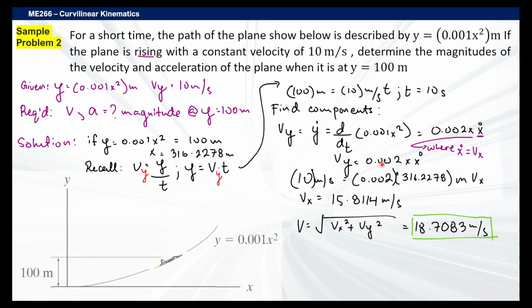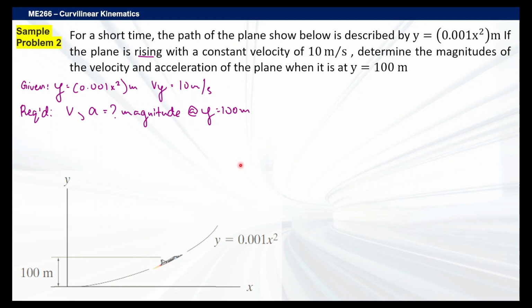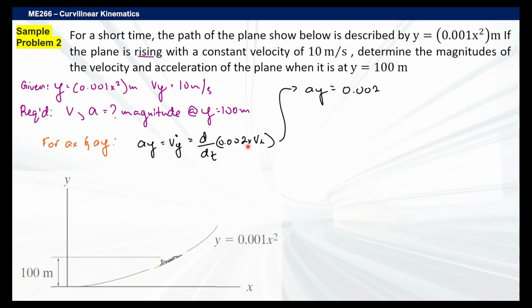So Vy here is 0.002x times first derivative of x. We just gonna use that lang dito, substitute dito, and we will have this one, where x dot here is Vx.